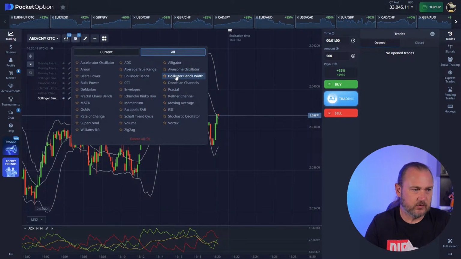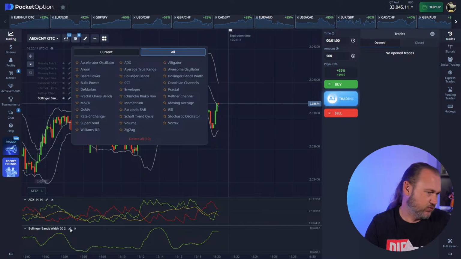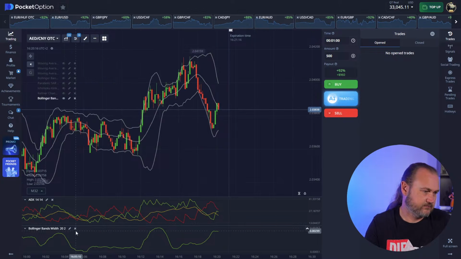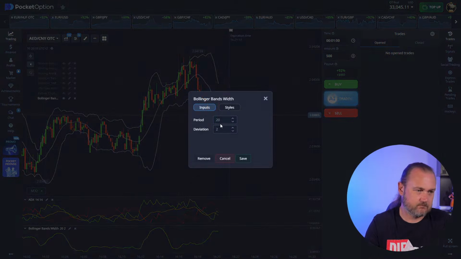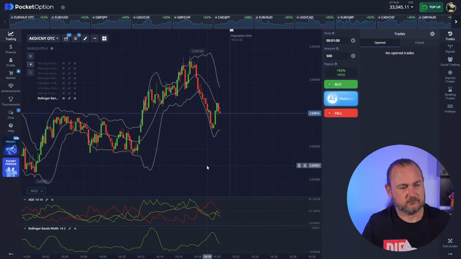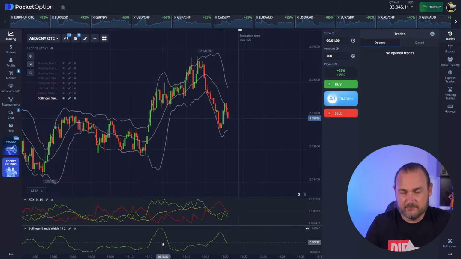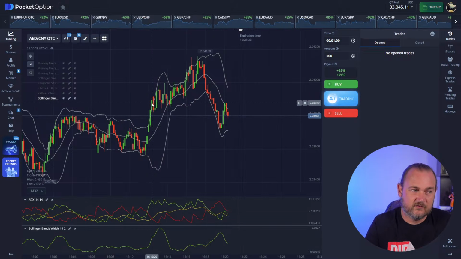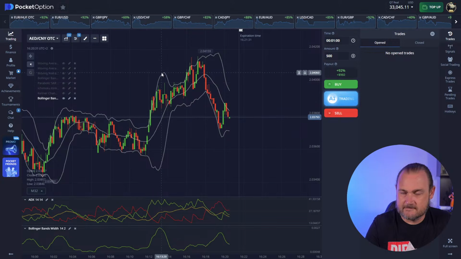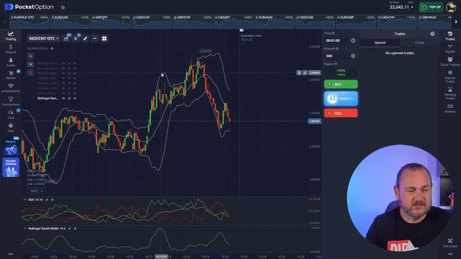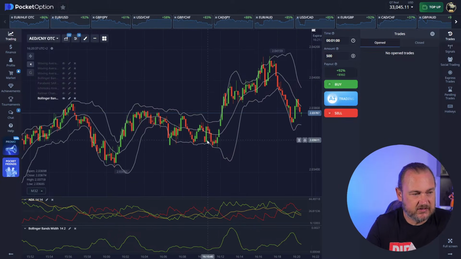Interestingly enough, I think while we're doing this, we might as well look at the Bollinger Band width. Let's make this 14 as well. This indicator is just a visual representation of the distance the upper and lower band are from each other. So you'll see we've got them both set to 14 period.